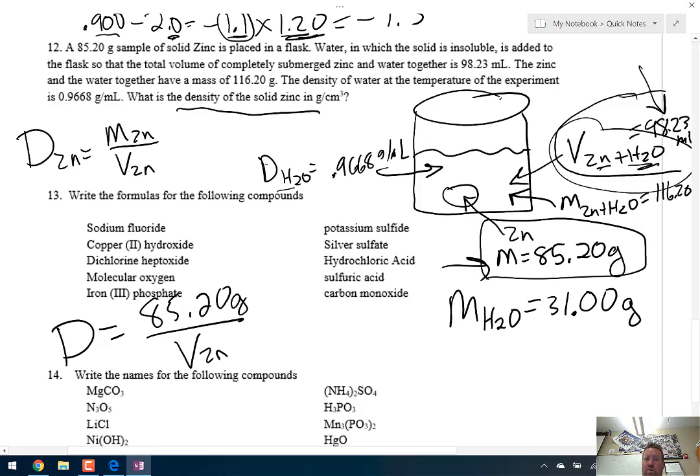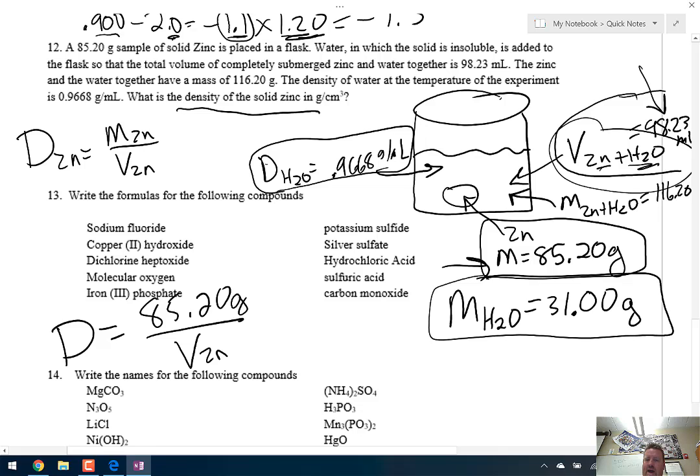But I do know the density of the water. And oh, hey, remember earlier when I calculated the mass of the water? If I know the density of the water and the mass of the water, can't I find the volume of the water? Where volume of H2O equals the mass of H2O over the density of H2O.